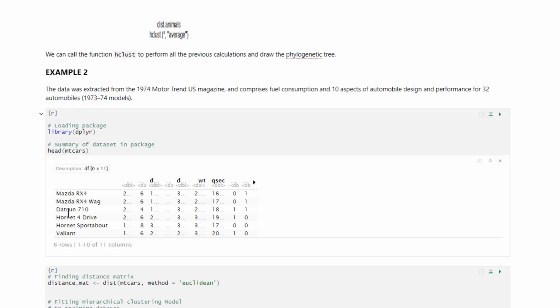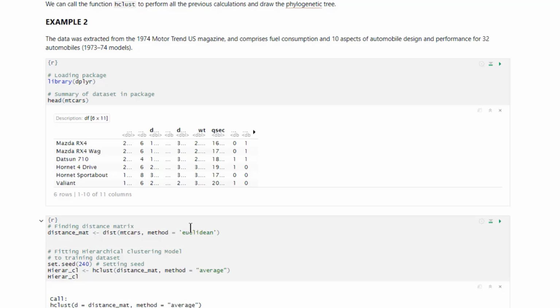We have different cars and we have different observations on different features. We are going to use the Euclidean distance to find the pairwise distances between the observations. We are going to use the dist function on the mtcars package using the method equal to Euclidean. The function to perform the hierarchical clustering is hclust. It uses the distance matrix and the linkage criterion, which is the average.